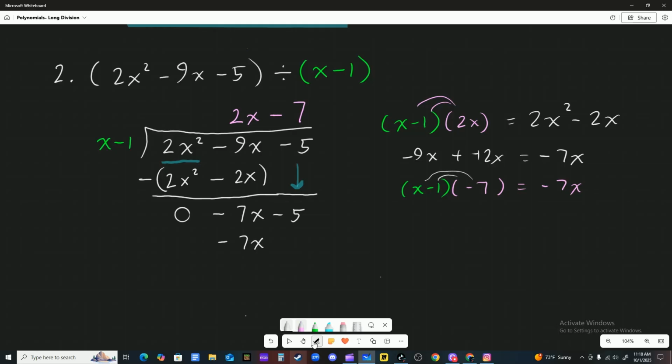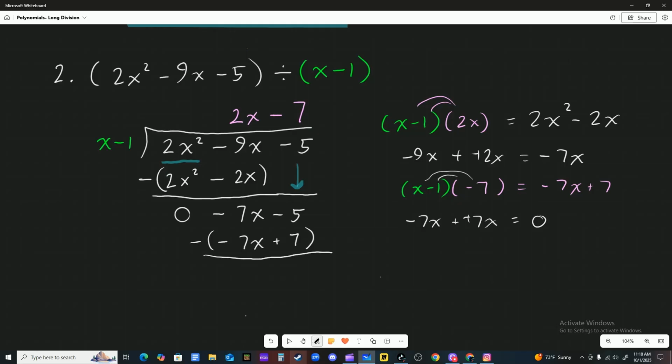And then plus 7. Just like that. And keep in mind, we're going to subtract it, which is why they have to be the same. So negative 7x minus a negative 7x is the same thing as saying negative 7x plus 7x. When you subtract the negative, it's the same thing as adding. So that's 0. So this gives me 0 here. Right, we're good. We got rid of it.